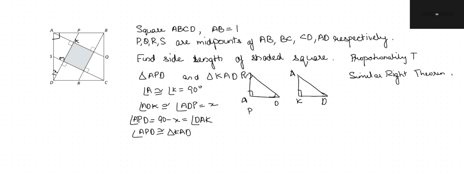PA over AK, because in the similar triangles, the corresponding lengths are in the same proportion. So PA over AK is equal to AD over KD is equal to PD over AD.